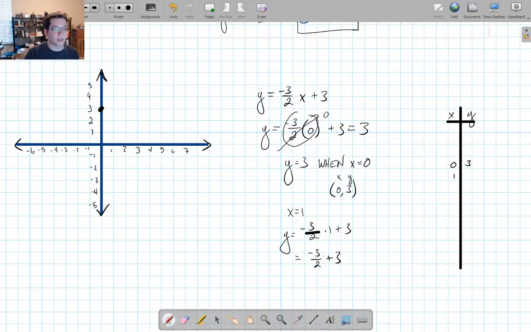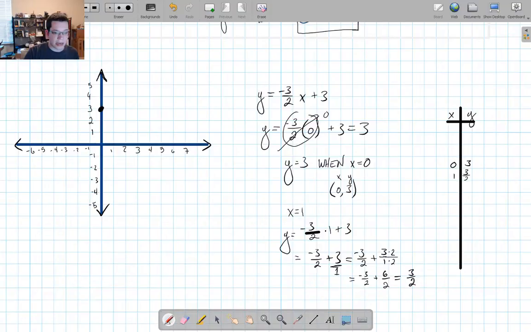Now we got to do our mixed fraction thing, but this is actually a 3 over 1. So negative 3 over 2 plus 3 over 1 equals negative 3 over 2 plus 6 over 2 equals 3 over 2.